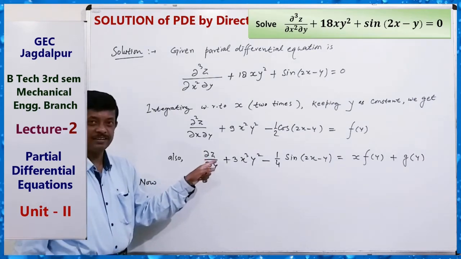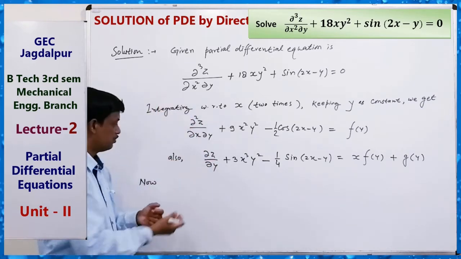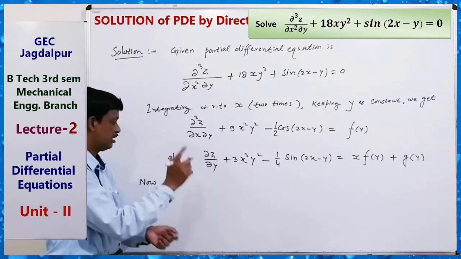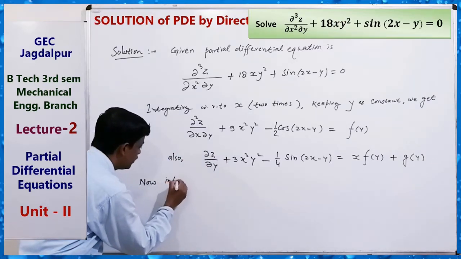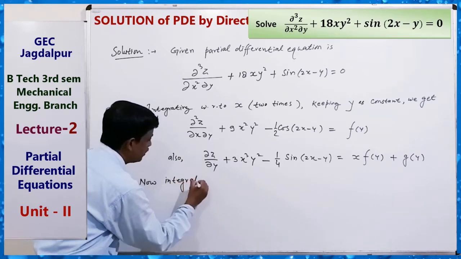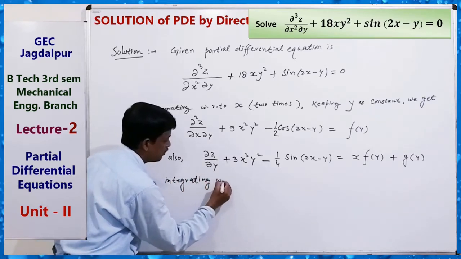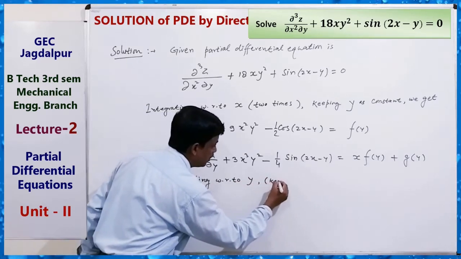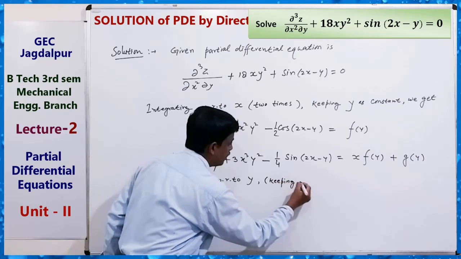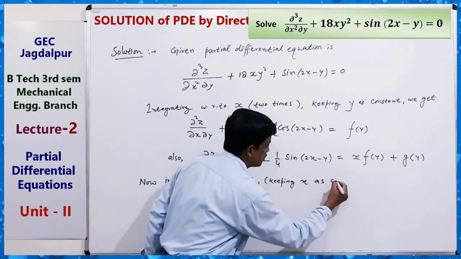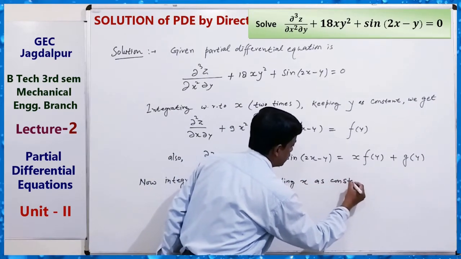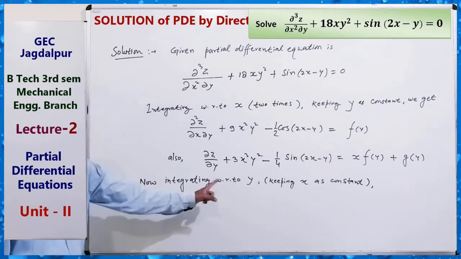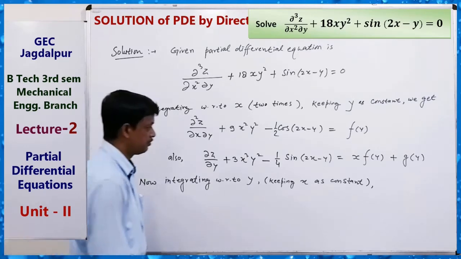Now, for getting z, the solution will be the value of z. So for getting z, we have to integrate this with respect to y. Now integrating with respect to y, keeping x as constant, here x will be treated as a constant.